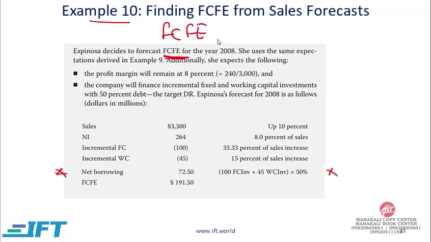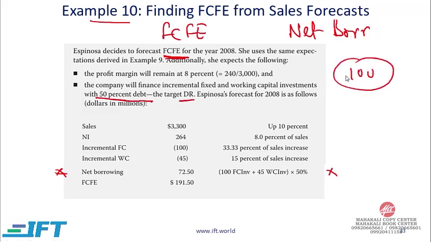And to come up with FCFE, if you are starting out with FCFF, you also need to figure out what the net borrowing amount must be. If we assume a 50% debt ratio, what does this mean? This means that for every $100 of additional investment, how much will we have to borrow? The debt or the borrowing will have to be 50.